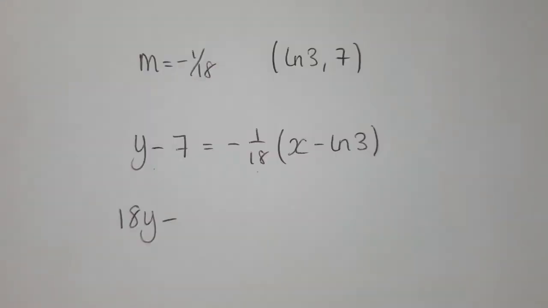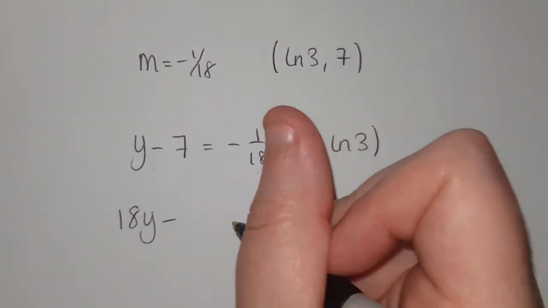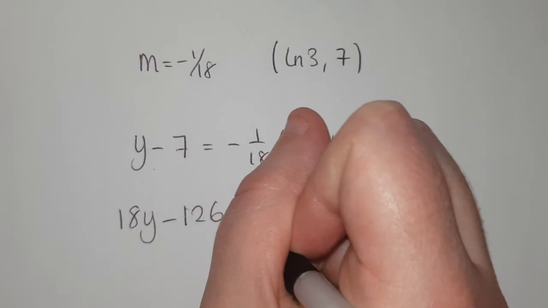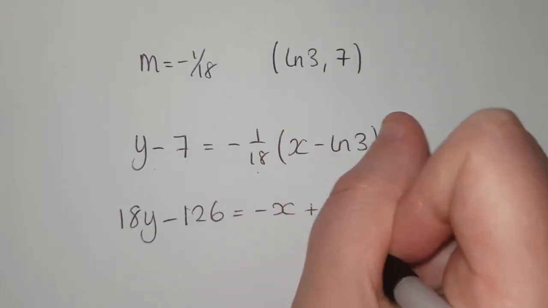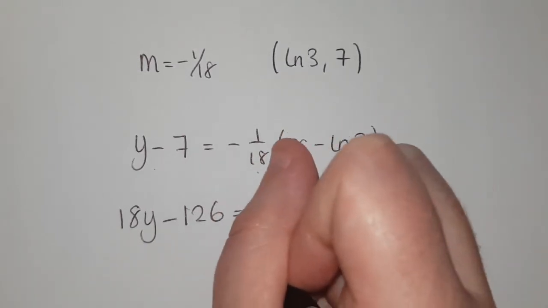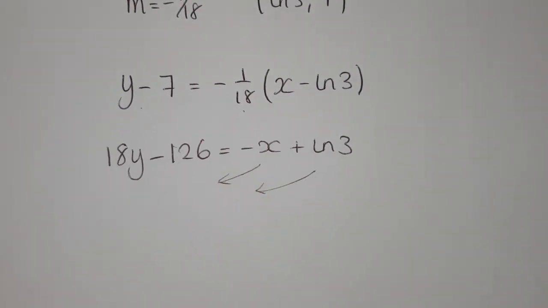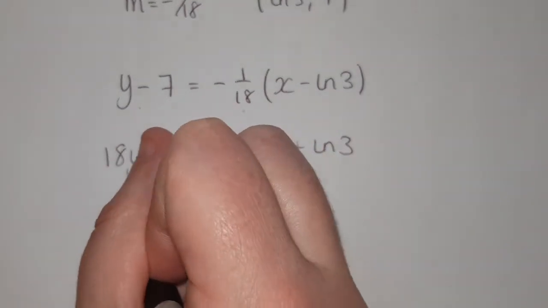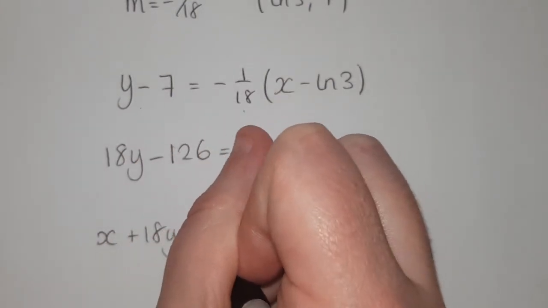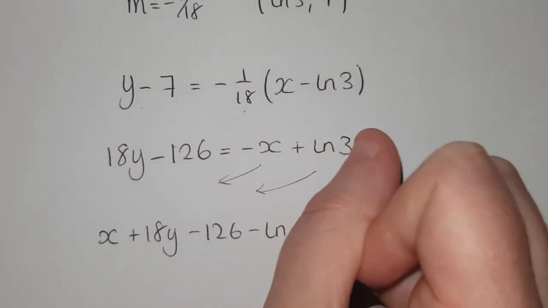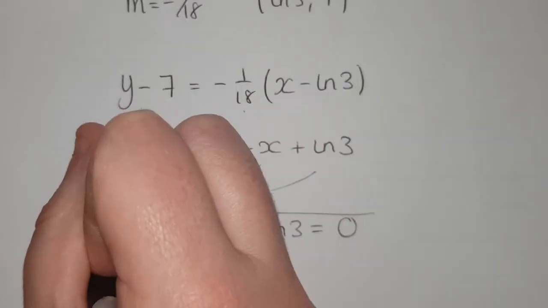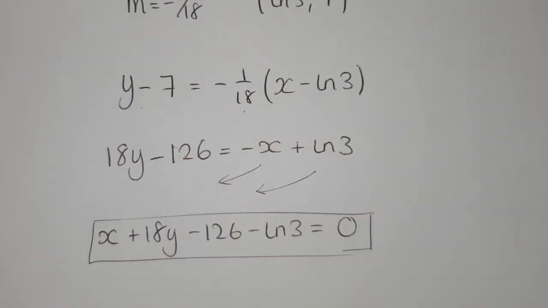I get 18y minus 126 is equal to minus x plus ln 3, and then we're just going to bring these two terms across so that I've got an equation where everything's on one side and it's equal to 0. So I get x plus 18y minus 126 minus ln 3 equals 0. There's the equation of my normal.